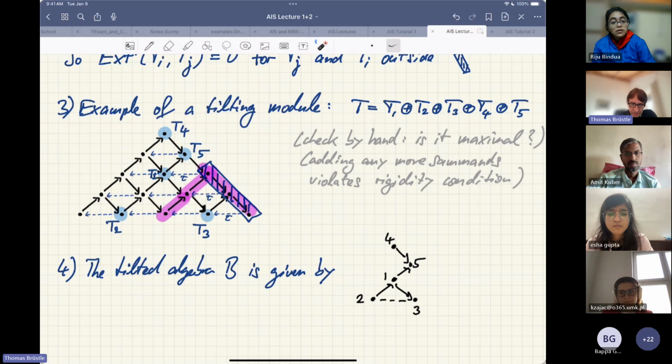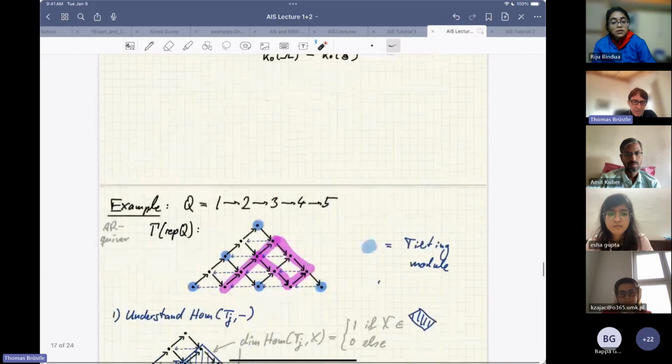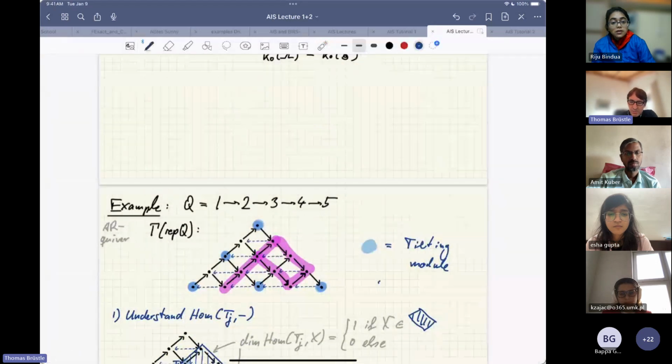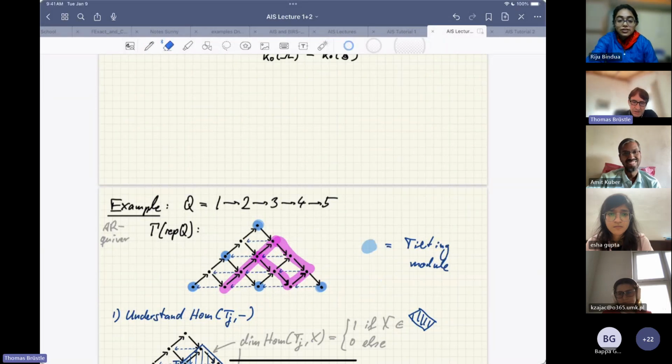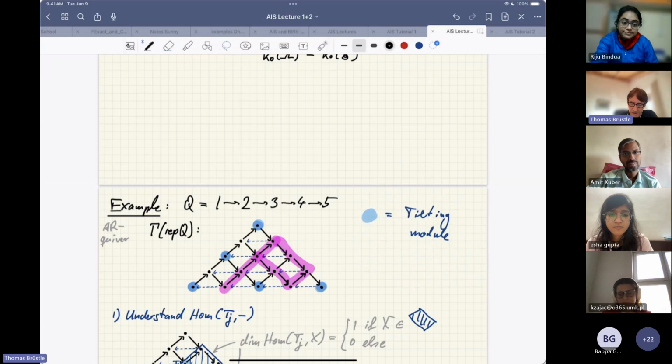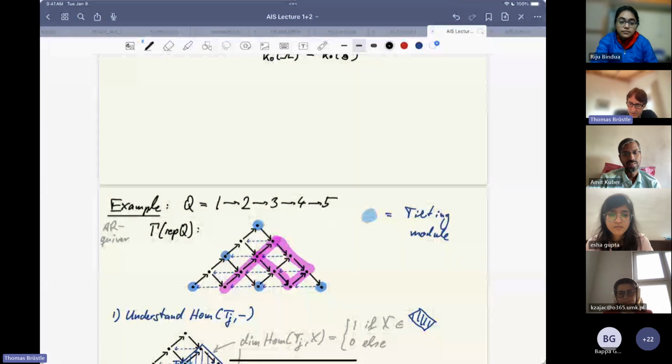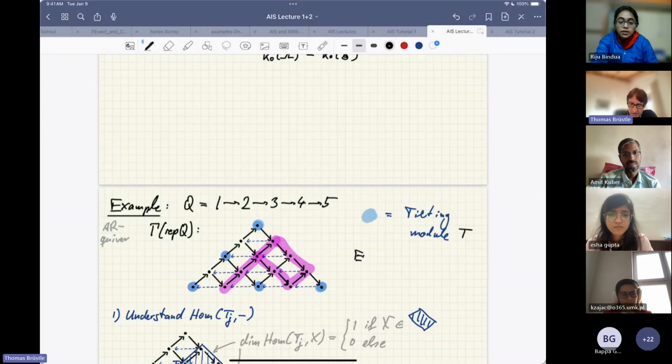And just for the fun of it, I can compute the endomorphism ring of Riju's example. Do you want me to do that? Up here, this one was our choice of a tilting module, a tilting module T. The endomorphism ring of T this time would be given by seemingly such a line.